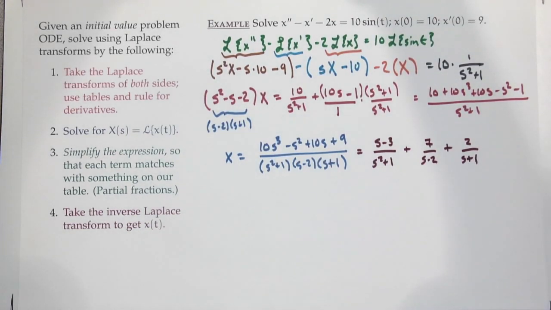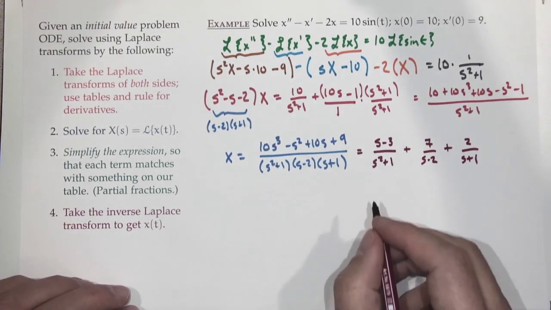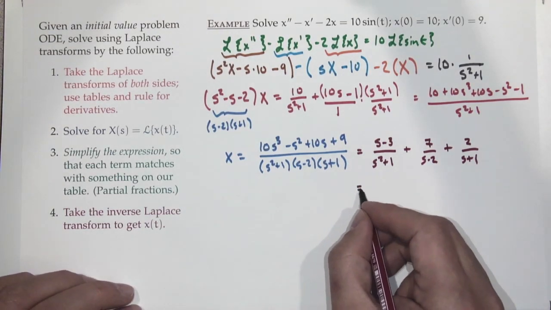So, let's see. Should we do anything to rewrite this even more than it already is? In other words, are all these things on our table? Well, I would do just a little bit more.